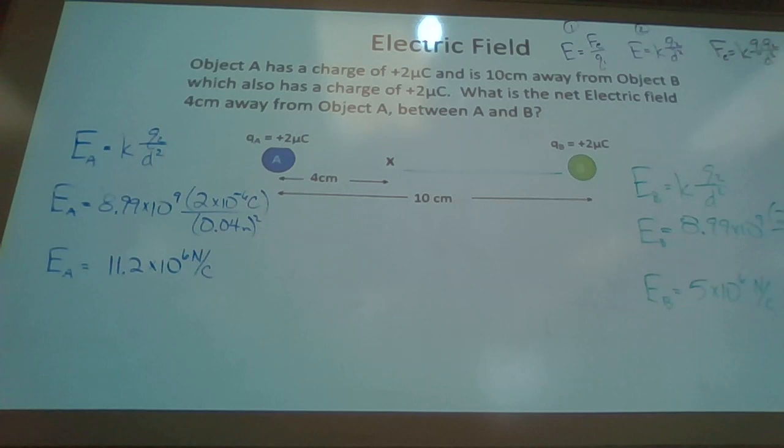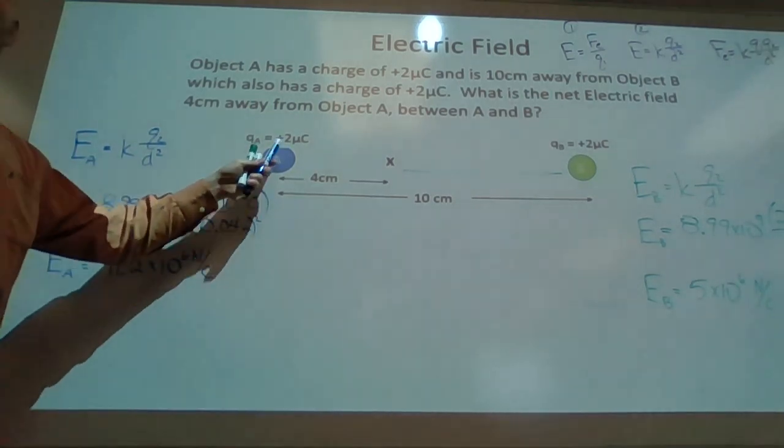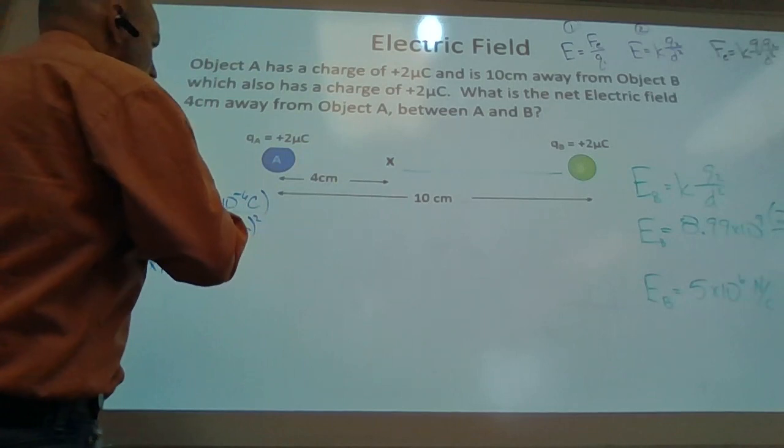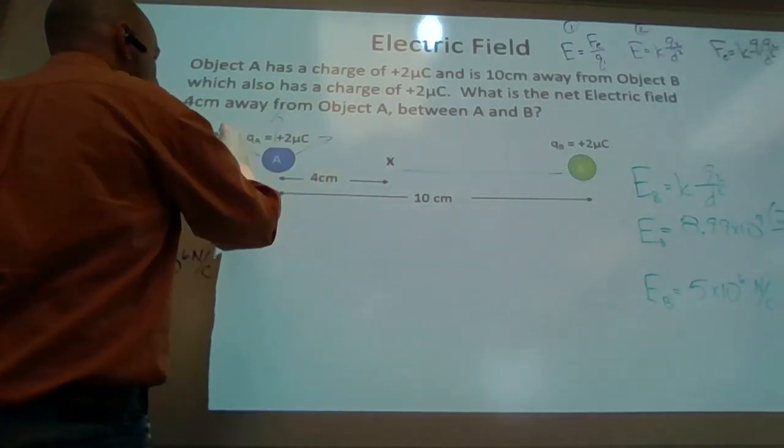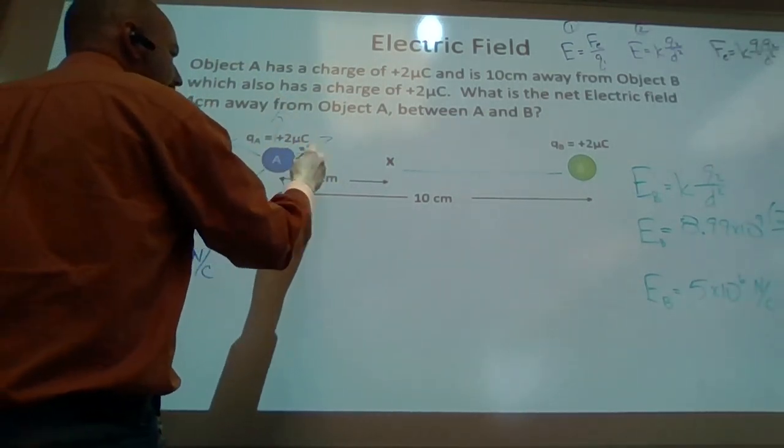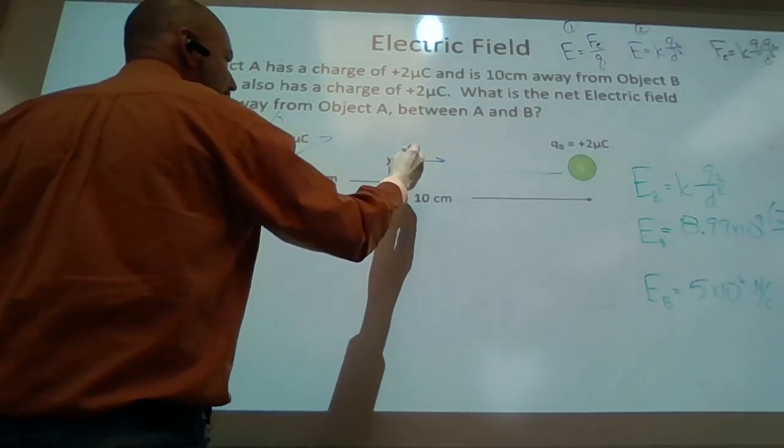Tell your neighbor. Which way is the electric field from A pointing at point X? It's positive, so it goes outward. At point X, that's going to the right.